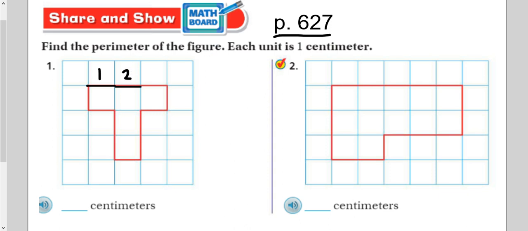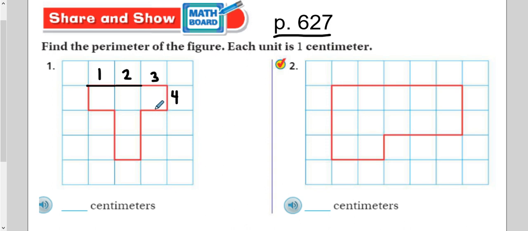And that continues all the way around. So here is going to be 3, and then here is going to be 4, and it's right in this area right here that we need to be very careful, because we want to make sure that everything is counted.